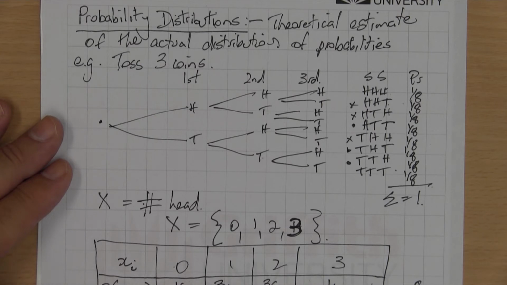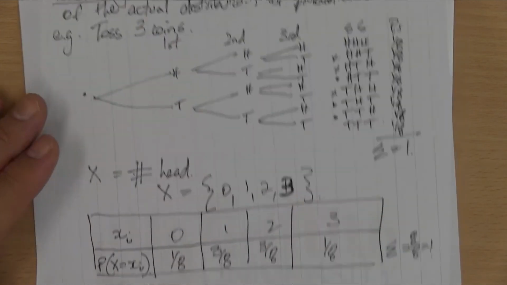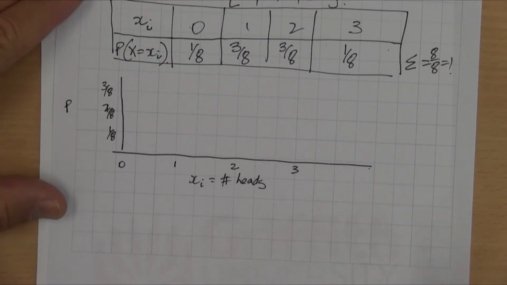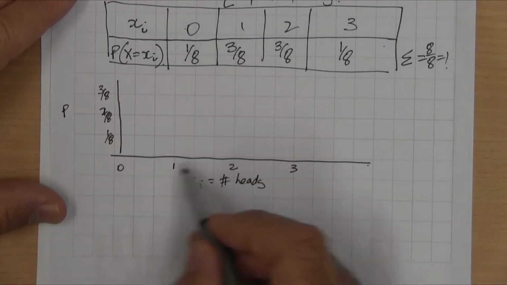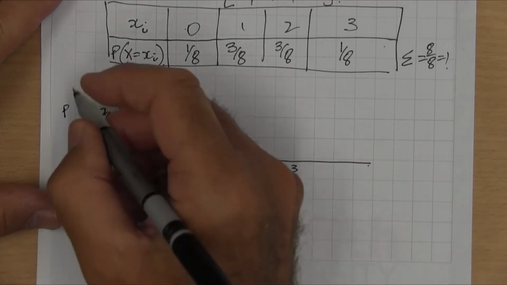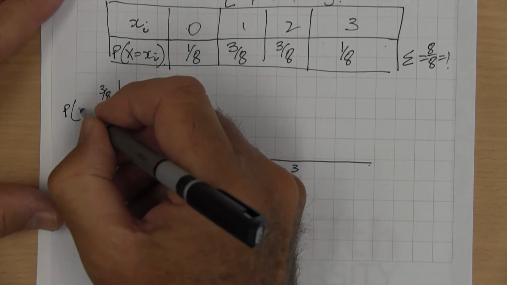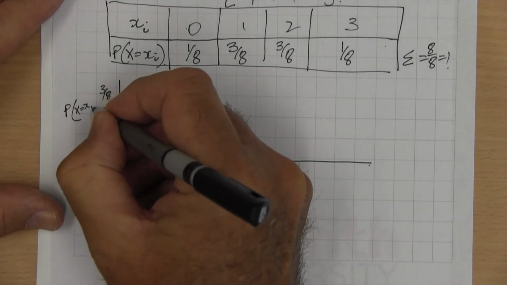This is X, which is the number of heads, and this is the probability. So we've got the x-axis being xi, the number of heads, and then we're going to put the probabilities up on the right hand side. Probability that X equals xi.